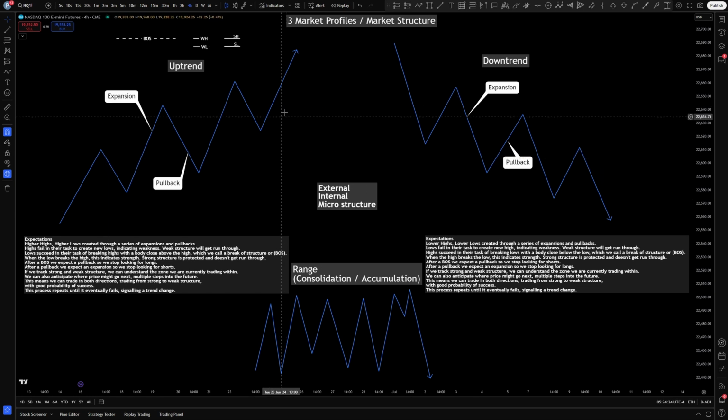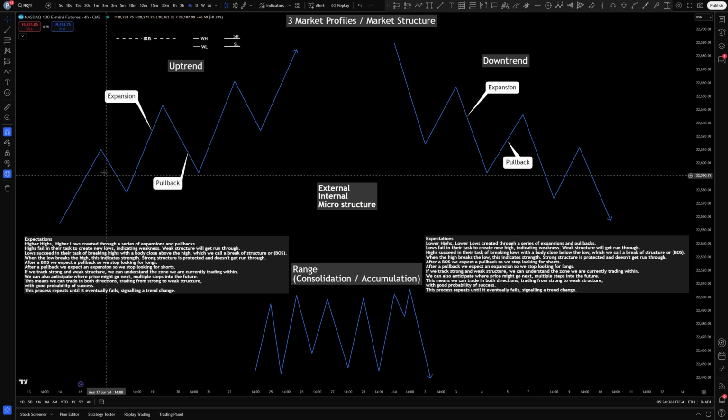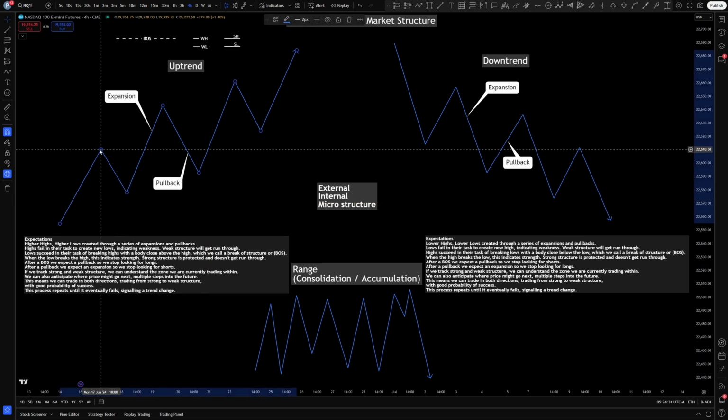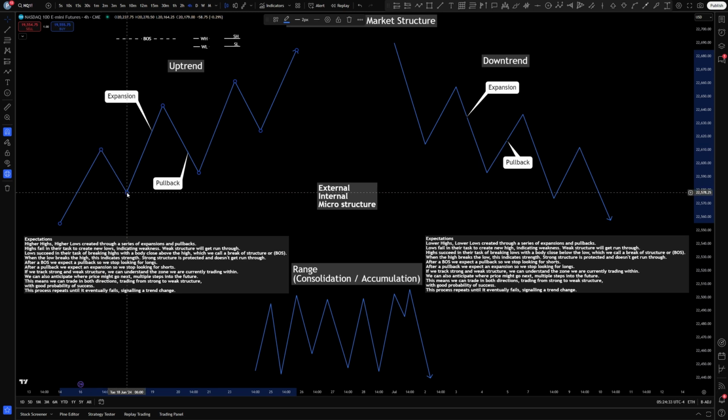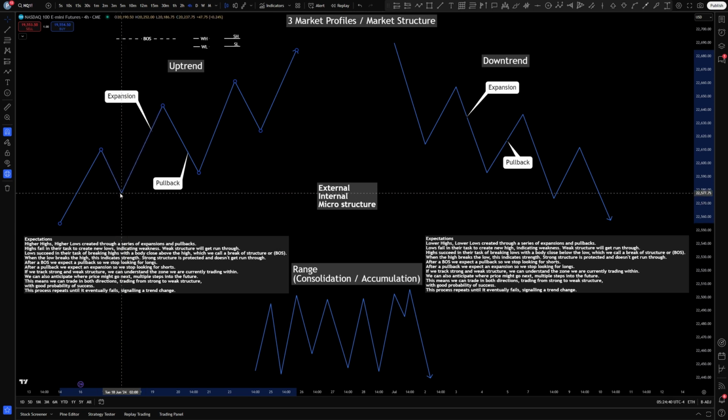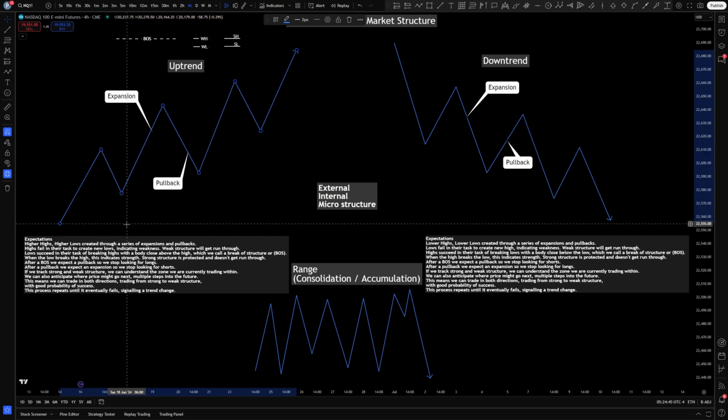So in any trend, we can say that a high or a low has a task. The task of a high is to put in a new low. Now, by a new low, I mean a lower low, not an internal low like this. So a high should put in a new low. That's what it should be struggling to do.